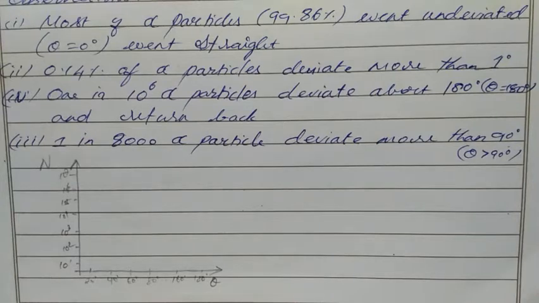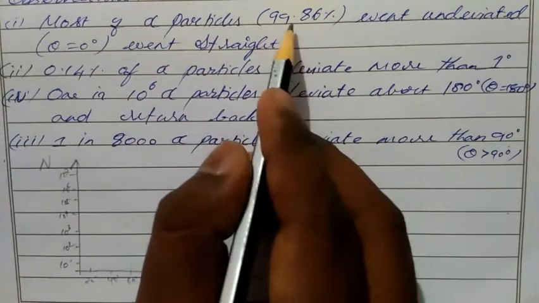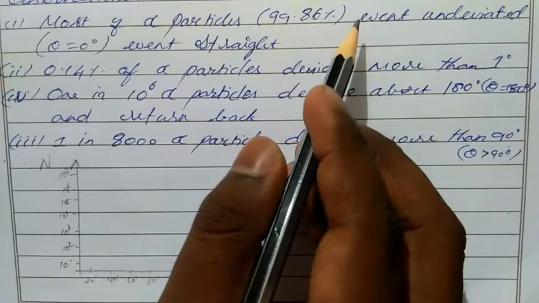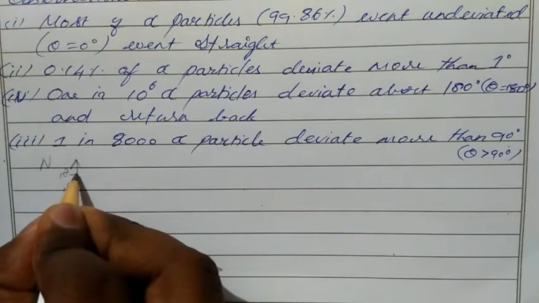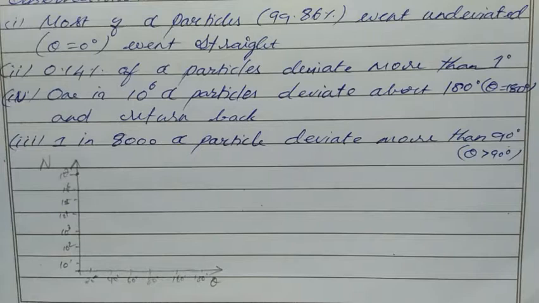Most of the alpha particles, more than 10 lakhs, will go in a straight line. Or we can say 99.86% went undeviated. This is the angle 0 degree, so this is our 0. So nearly more than 10 lakhs alpha particles went undeviated.